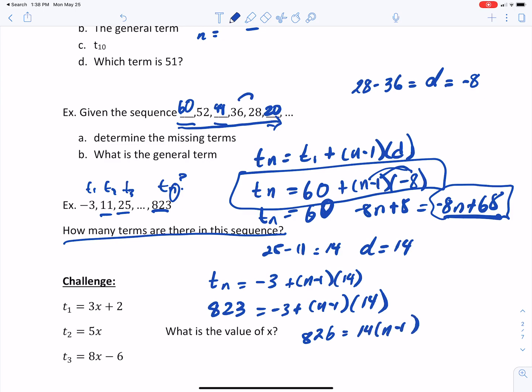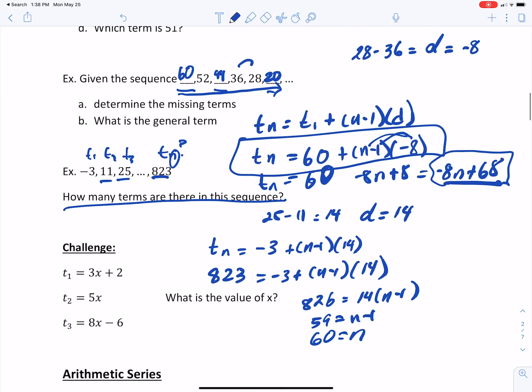And now I'm going to take 826 in my calculator, divide by 14, and I got 59. And add 1. So n is 60. So that's kind of a little bit different style of problem versus just applying our formula and so on. But that's kind of how these guys work.